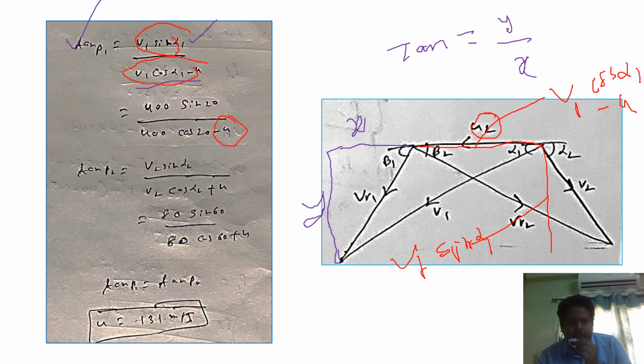Again we can write the same equation for tan beta 2 to find the blade exit angle beta 2.